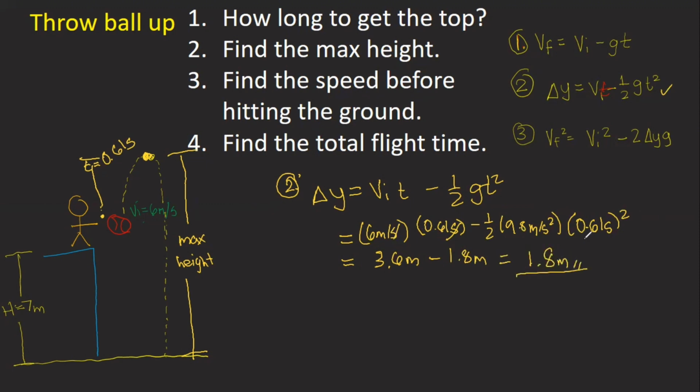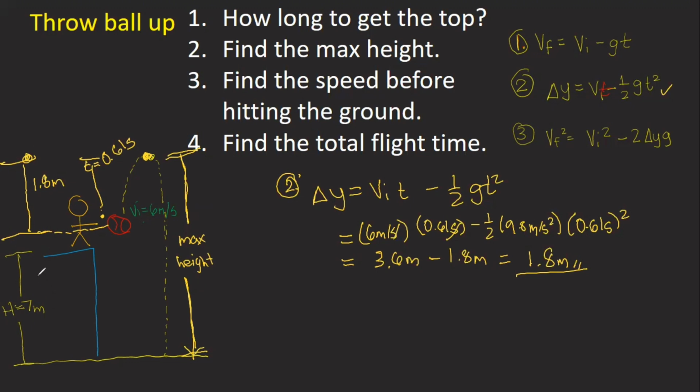However, this is not the maximum height yet because we only computed starting from this position up to this position. So this is only the 1.8 meters. But our concern is the total height, the maximum height.